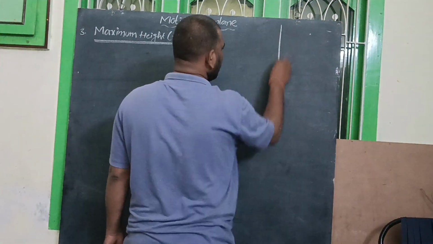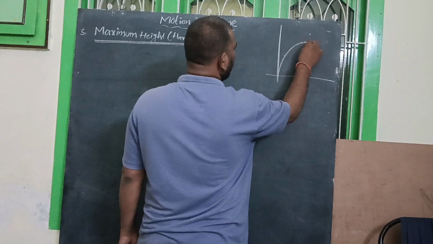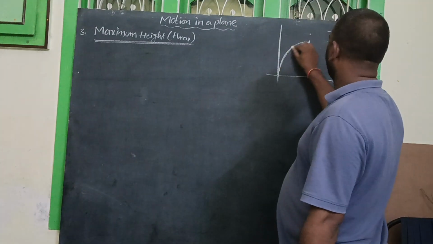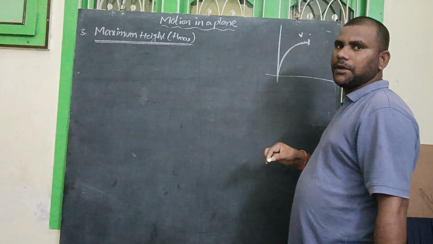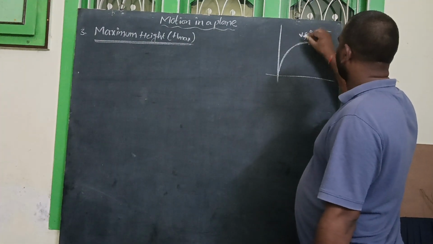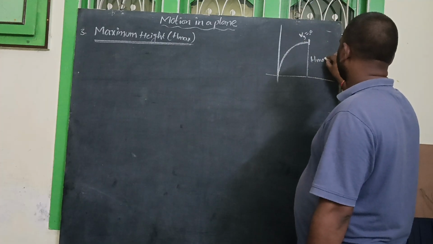A body is thrown vertically, and at the top the vertical component of final velocity Vy becomes zero. That is the maximum height.